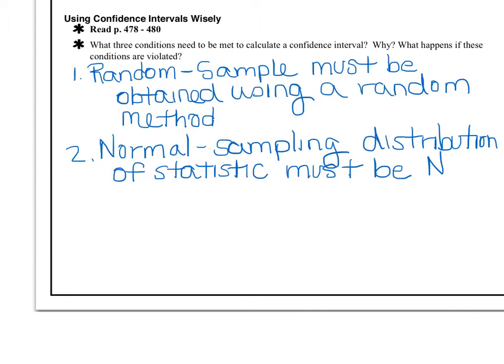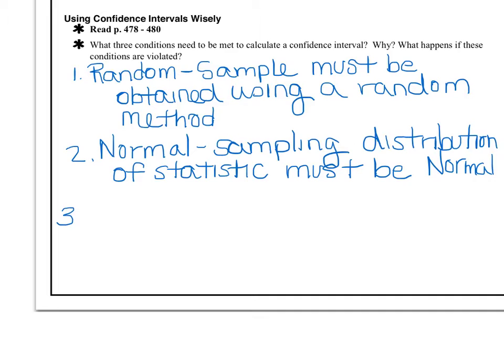And the reason behind that is because everything we do, even the idea about confidence intervals and the idea that within 2 standard deviations of the mean there's about 95% of our data, and knowing that the mean of the sampling distribution is in the middle of the data, all that's based on the fact that it's normal. So if this condition is violated, then we don't have any methods for making these calculations, because we wouldn't know anything about the sample from which it came, or the population.